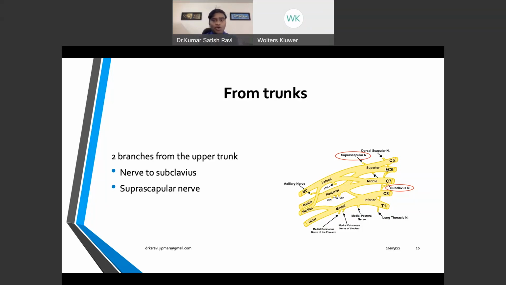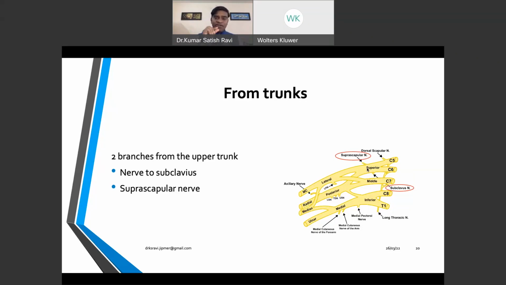Now, when you see over here this suprascapular nerve, this is a prominent nerve you can appreciate. It carries the same fibers, that is C5 and C6. Now, these nerve fibers pass above, meaning that on the superior border of the scapula there is a suprascapular notch, and that notch is converted into a foramen by the transverse scapular ligament.